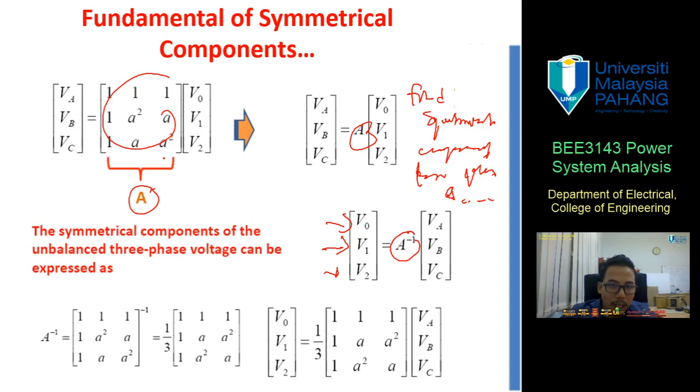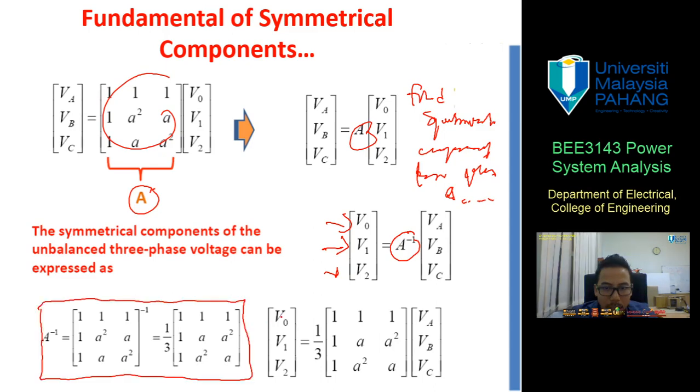So the inverse of the matrix becomes like this, and finally we get the symmetrical components as 1/3 of this matrix, which is now changing. The values are different, so the values are inverted, one up is one down. So it's different for the phase.